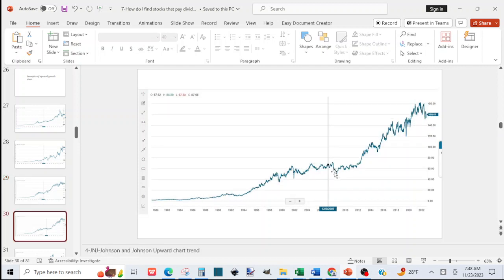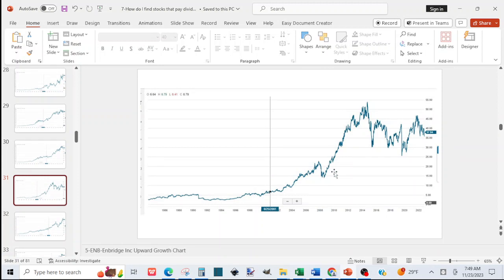So the next one is Johnson & Johnson, and it is an upward trend. You can see the zigzag. The zigzags are small, like the teeth of the zigzag are kind of small. And this one is Enbridge. I classify Enbridge as an upward trend, but some might classify it as growth and dip, and I think that will be justified as well because of those changes in the past few years.